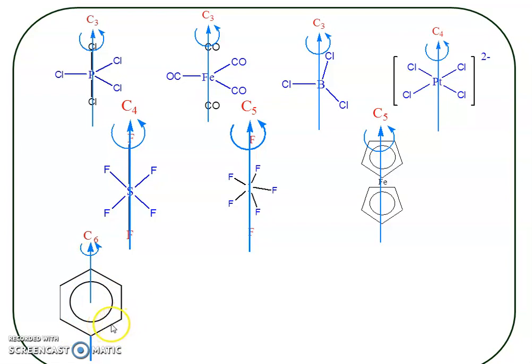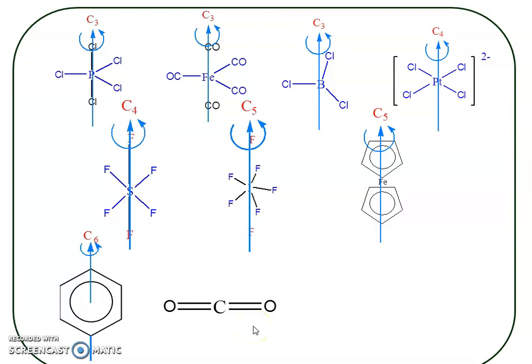During each step there is a 60 degree rotation, so the value of theta is 60, and therefore 360 divided by 60 is 6. So the principal or proper rotational axis is C6.